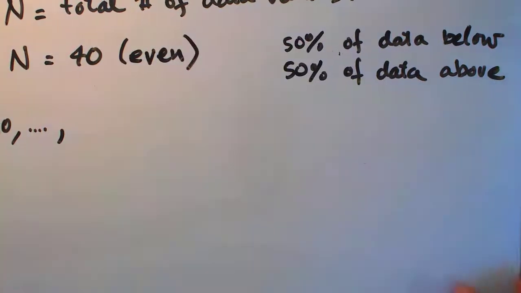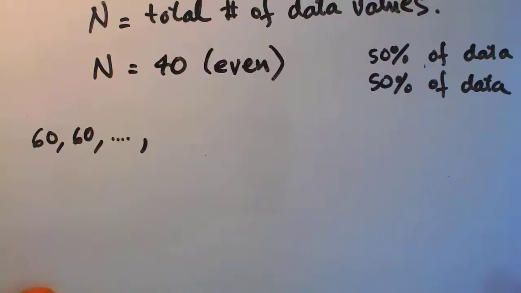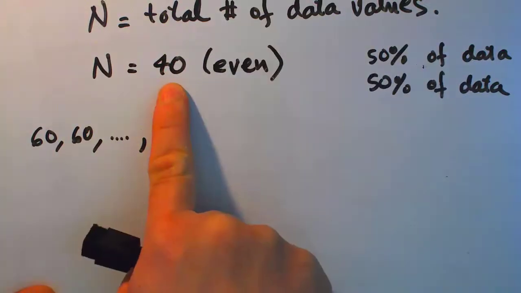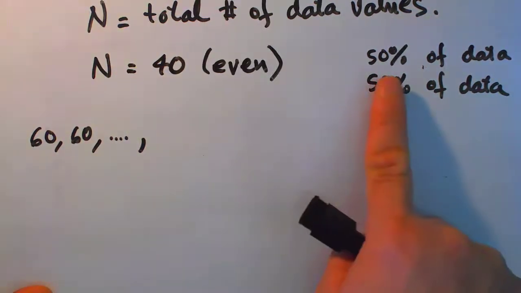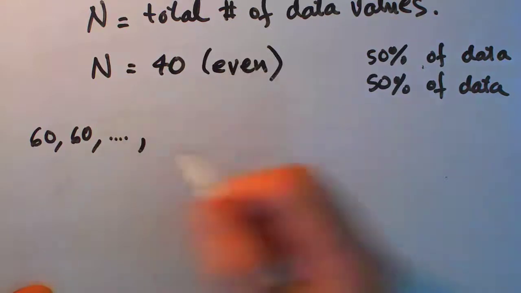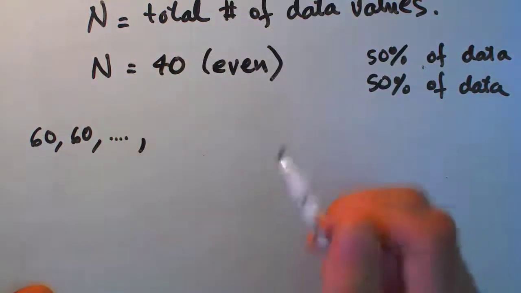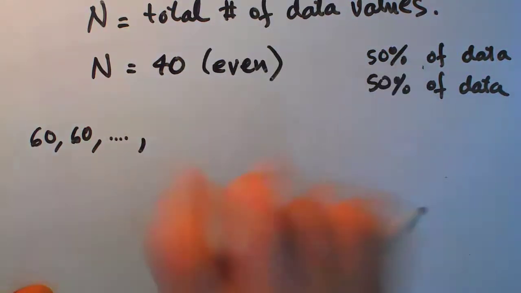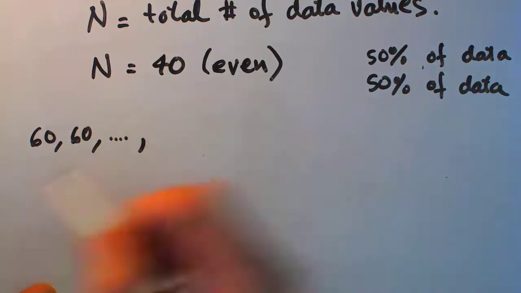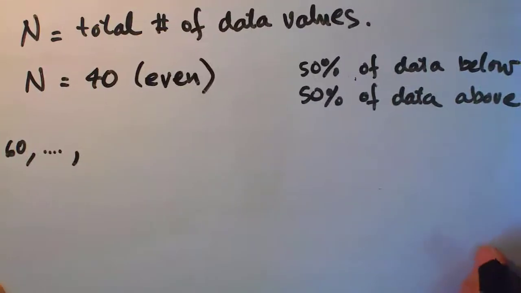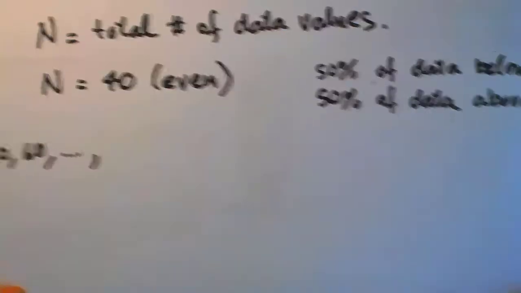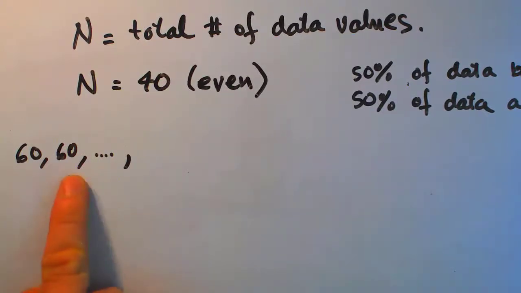And so in that way, it makes sense that since we have a total of 40 pieces of data values, then 50% of those below would make 20 of them. Remember, 50% of 40 is 20 data pieces. So there will be 20 values falling below my cutting value. These are the data member values right here.